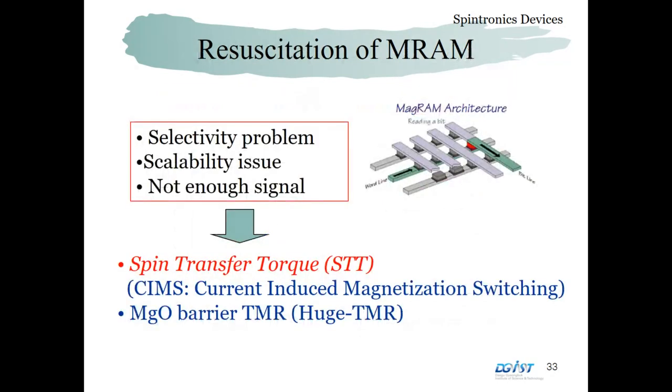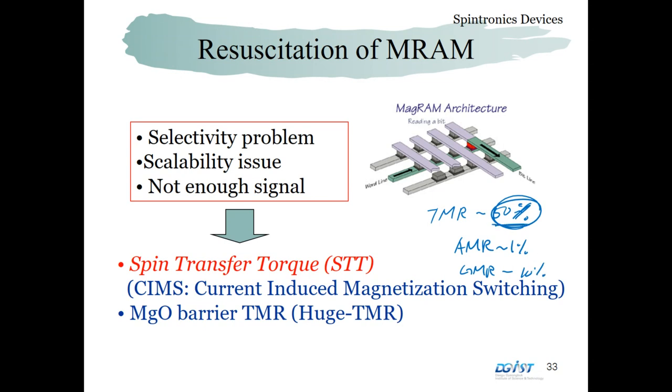And another important problem is that the TMR value is not good enough. Even though we have a somewhat large MR in a TMR structure, on the order of 50-something percent, so it is a very large signal compared to the AMR, which is only 1%, and GMR is around 10%.